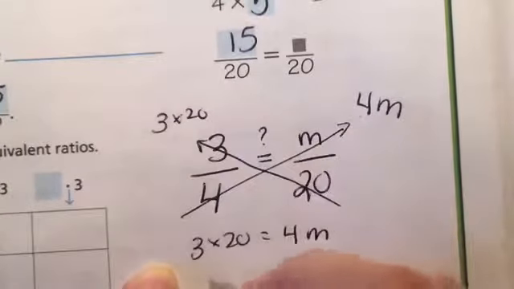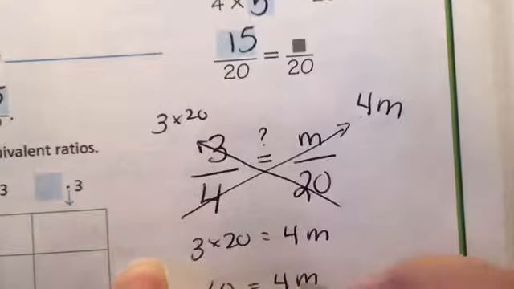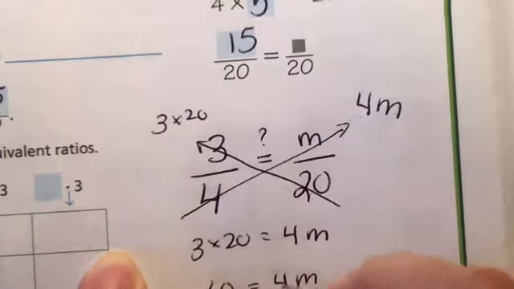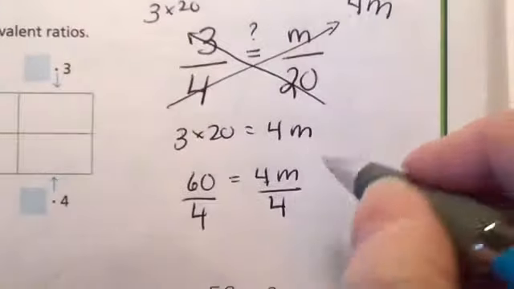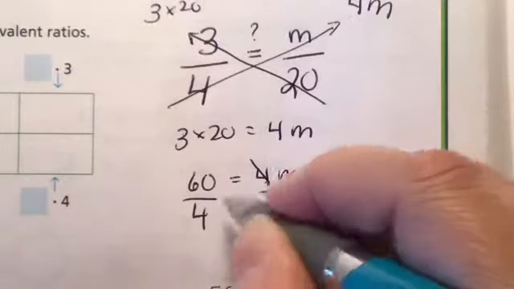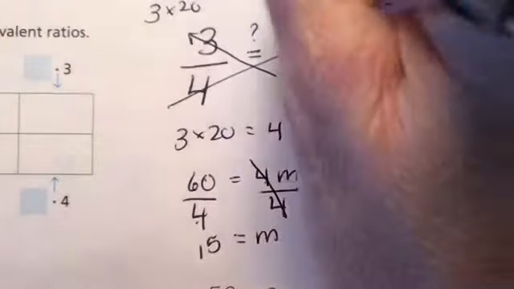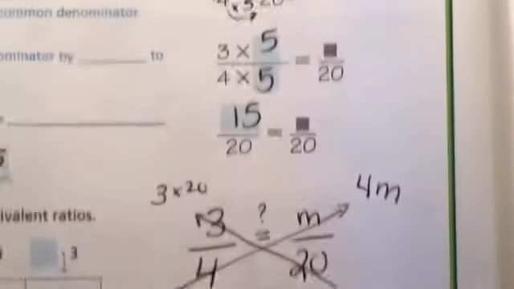You could go straight here if you want to. 60 equals 4m, divide by 4, divide by 4. So whatever's inverse of whatever's being done to the m. Because 4 over 4 is 1. So I'm left with m equals, take your calculator, 60 divided by 4, and you're going to get 15, same as you got up there at the top. All right, so that's simple.